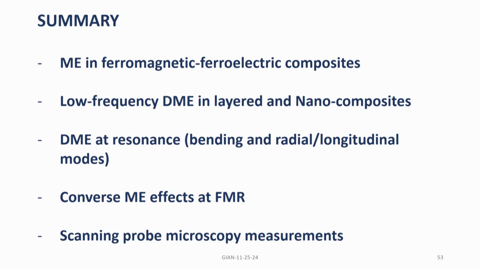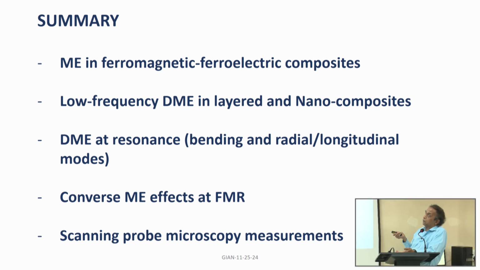So to summarize, I talked about magnetoelectric composites and the low frequency magnetoelectric effects and then resonance effects. We modeled different types of composites, and I didn't want to dwell on each and every model result, because first of all they are not accurate in terms of magnitude, because we are using parameters meant for bulk materials, and second is we don't have experiments to compare with theory.